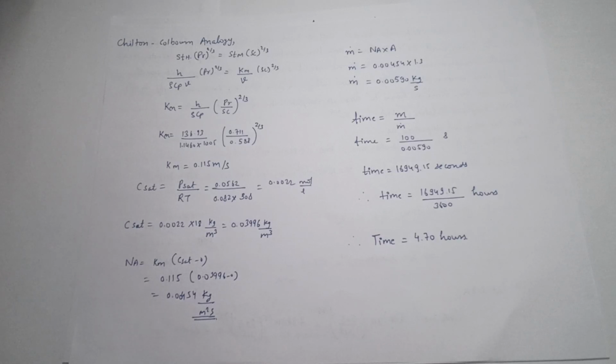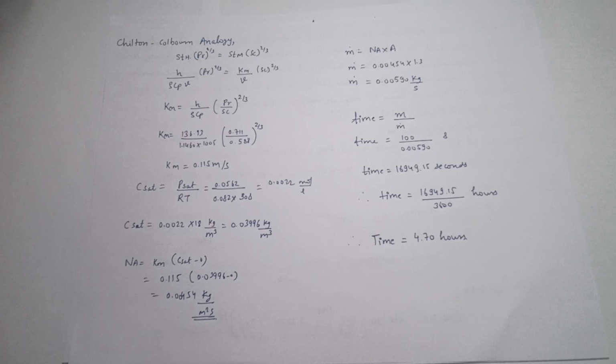Since velocity is common on both the LHS and RHS, it can be cancelled. Hence, the formula simplifies to Km equals H by rho Cp into Prandtl number by Schmidt number to the power 2 by 3.